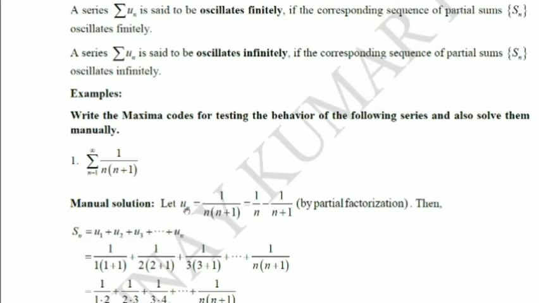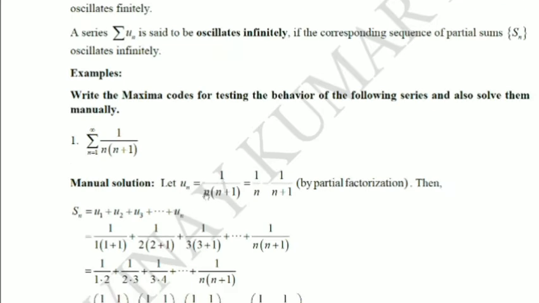So what is your U1 from this? Yes, it is 1 by 1 into 1 plus 1. Give n equal to 1, that's it. That is the first term of this series. Plus, what is U2? Yes, your n is 2. So 1 by 2 into 2 plus 1. What is U3? 1 by 3 into 3 plus 1, etc. What is your nth term? 1 by n into n plus 1.